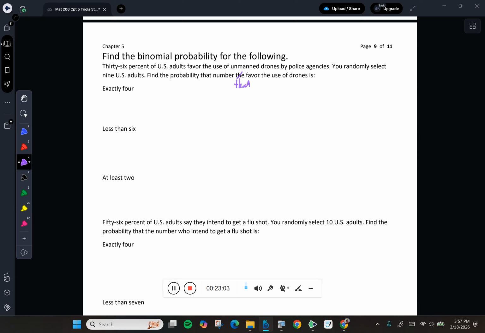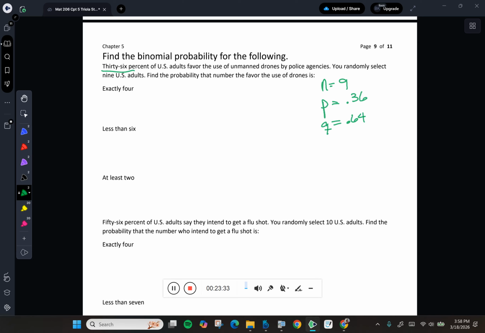All right, so first off, let's get this thing set up. I'm reading binomial, where I am talking to 9 people. The probability that they will say yes is 0.36 from the statistical probability calculations before, which means the Q is 0.64.